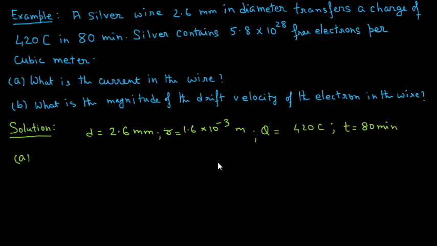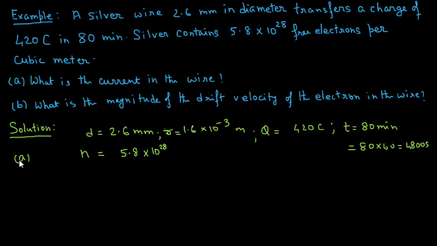So we can write 80 minute is equal to 80 into 60, that is 4800 seconds. We are also given n, the number of electrons per cubic meter, which is 5.8 into 10 to the power 28. So these all things are known to us.